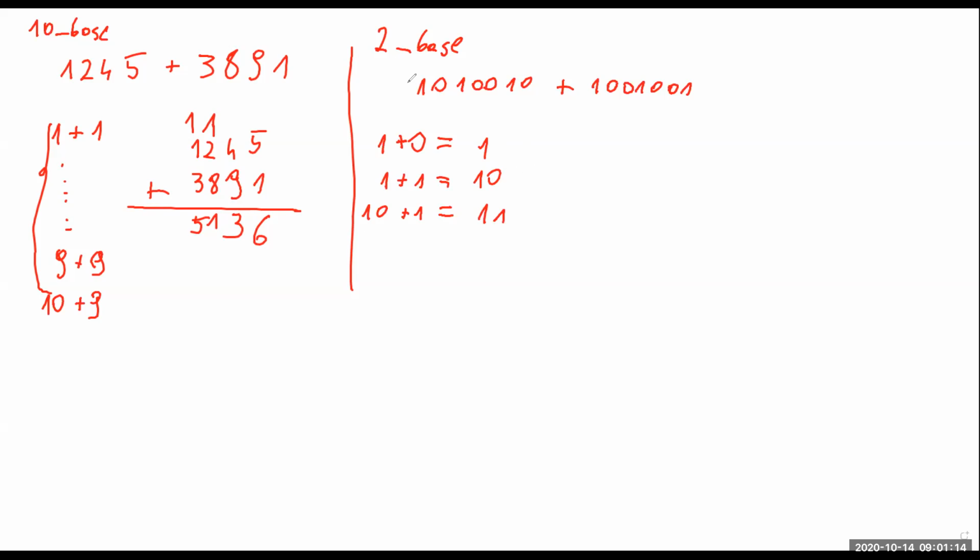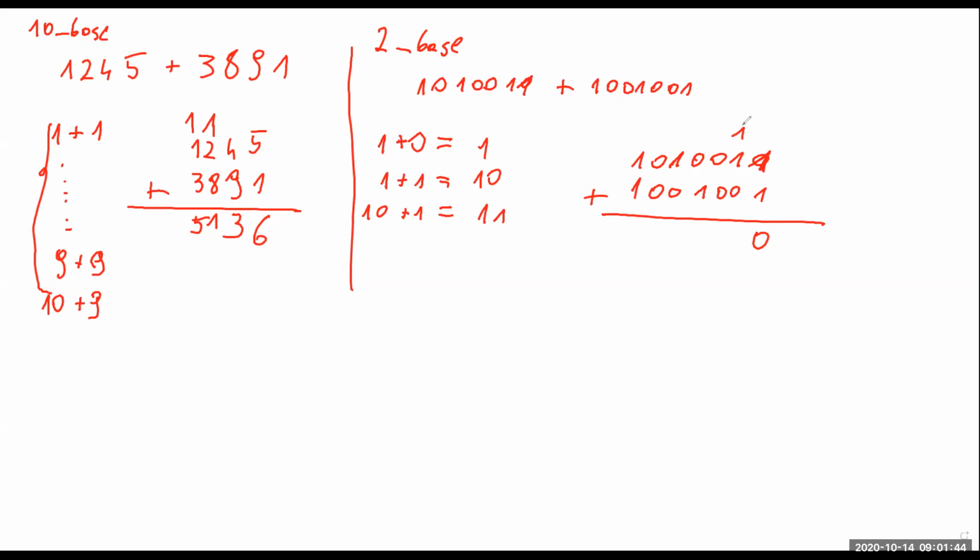When I'd like to sum these values, maybe I change the value here. I have 1, 0, 0, 1, 0, 0, 1, plus. So look, 1 plus 1. Here I have 0, and I move 1 here.